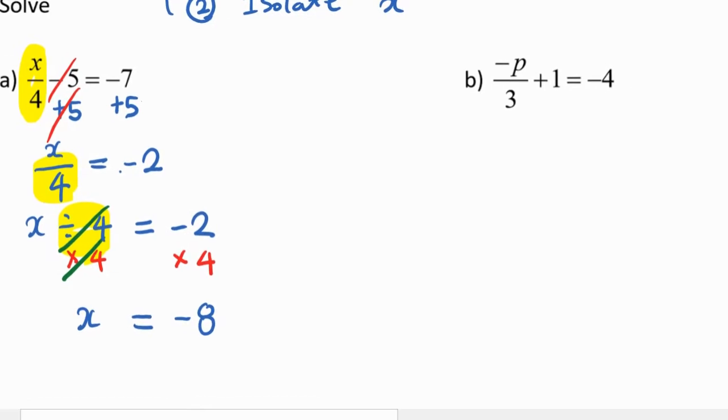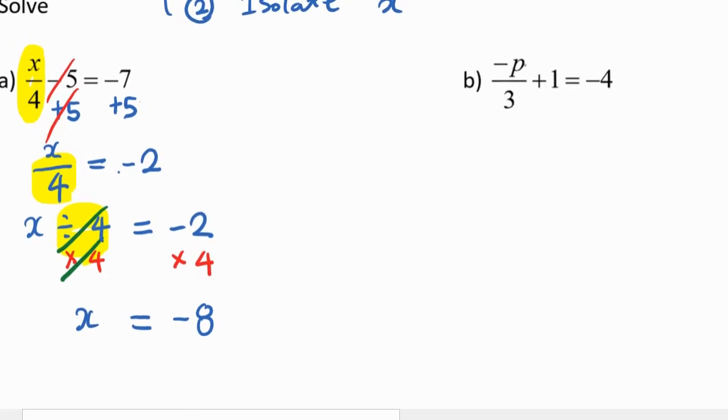Next question. B. Negative p over 3 plus 1 equals negative 4. So we are isolating the term with p. To do that, we have to get rid of plus 1. So step number 1, isolate the term with p.